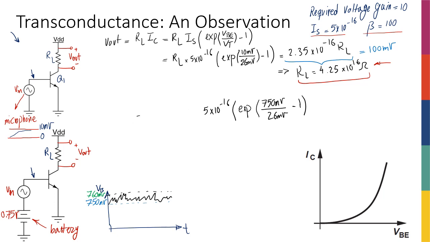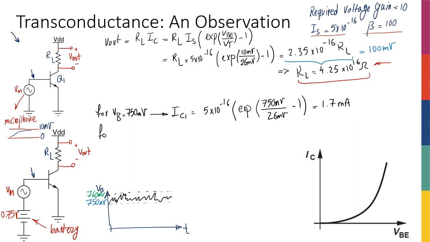So IC1 is equal to, for V base equal to 750 millivolts, I'm going to have a collector current that, if I do the math, is equal to 1.7 milliamperes. Great.